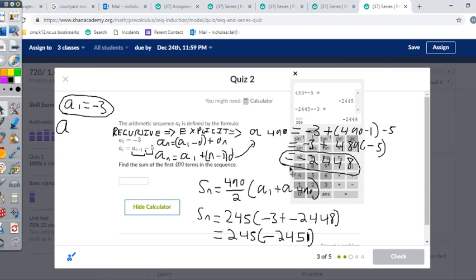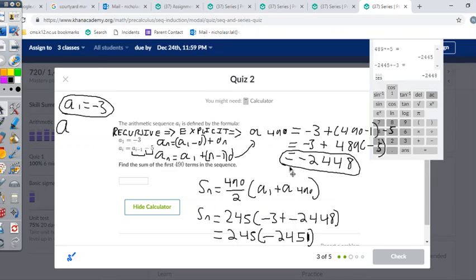So we're going to have 245 times negative 2451.